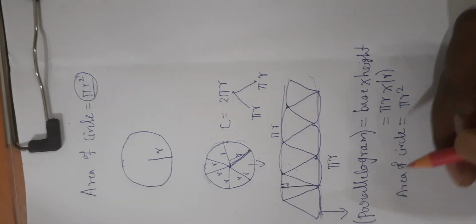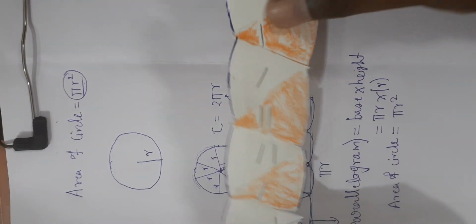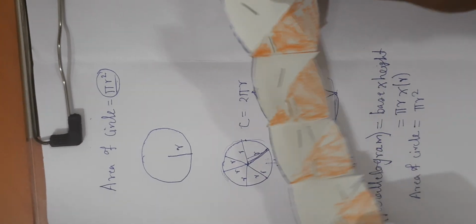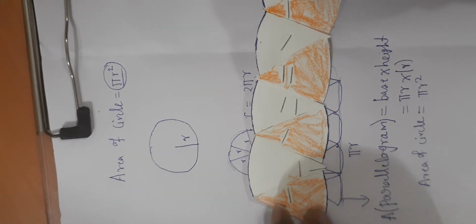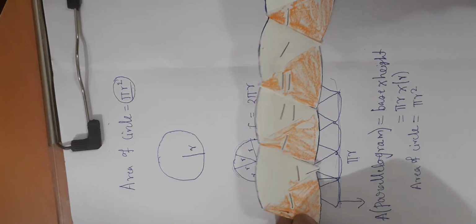I can show you practically how it looks. I have the same circle, I have cut it into 8 pieces, and when I place these to form a parallelogram, I have just stapled them on a strip. So you can say this is first, second, third, fourth, fifth, sixth, seventh, eighth. We have 8 sectors, right?